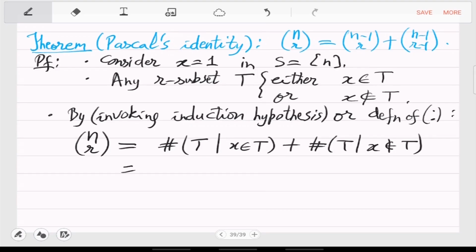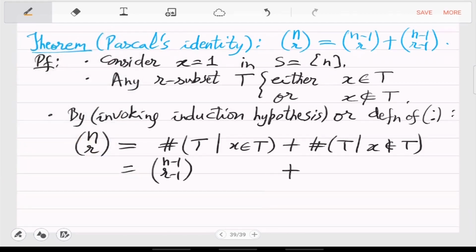For these r-subsets where x is always in, you only have a choice for the remaining r minus 1 elements. So that is n minus 1 choose r minus 1, because you delete the element 1. Out of the remaining n minus 1, you only need r minus 1. What about the second one?